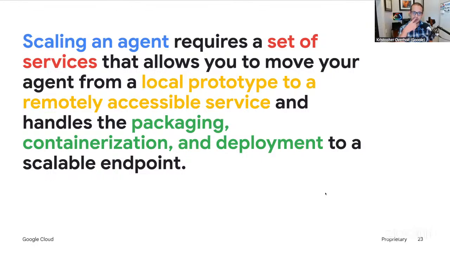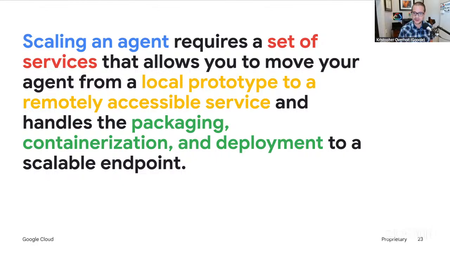So when you scale an agent, you need a set of services that lets you move from a local prototype to a remotely accessible service. Typically this is done with packaging, containerization, and deployment. And usually by the time you've built your agent and done the evaluation and you're completely out of energy, this is not the thing that you want to do next.